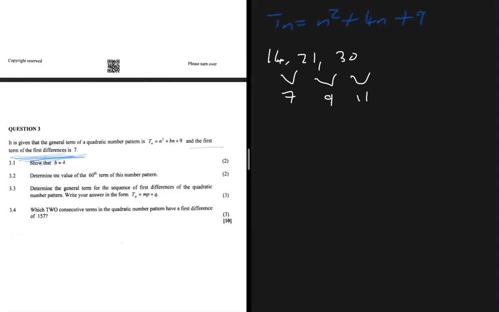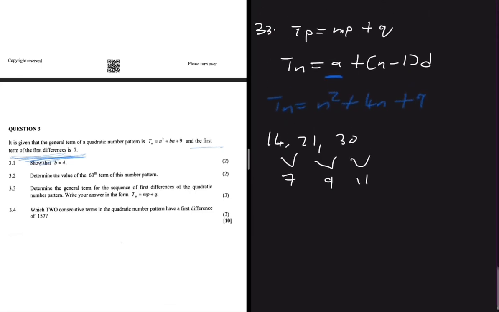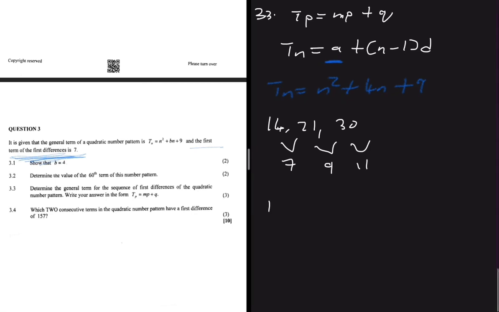So now let's go back to our equation. We said that Tn is equals to a plus (n minus 1) multiplied by d for an arithmetic sequence, and a is the first term. So now we can say that Tn is equals to 7, the first term, plus n minus 1 multiplied by the difference, which is 2. The difference between 9 and 7, and 11 and 9, is 2.